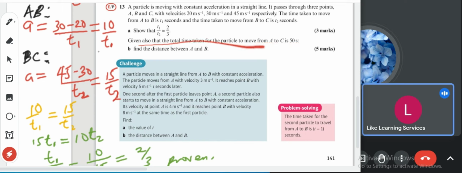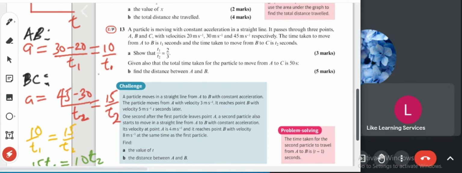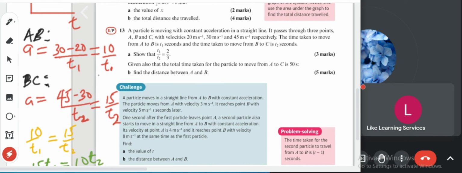Given also that the total time taken for the particle to move from A to C is 50 seconds. So what equation can you derive from here?